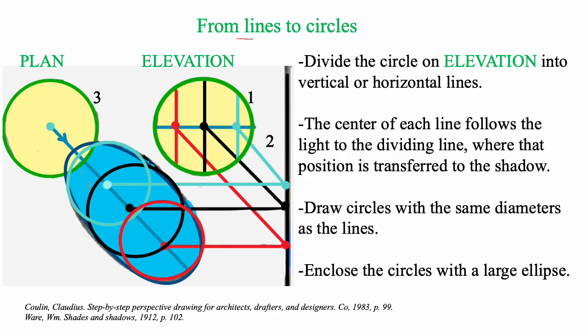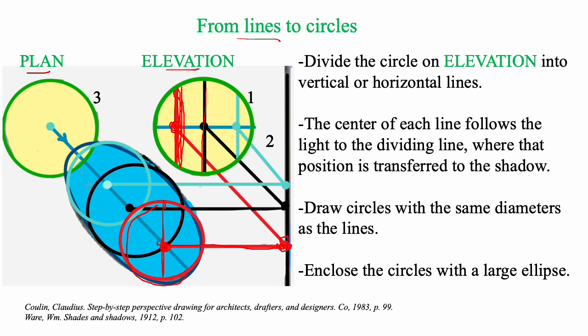This method I call from lines to circles. So we have a sphere in plan and elevation, and in both cases, a sphere will always look like a circle. We divide up the sphere into lines which represent circles that we're seeing head on. Let's take this red dot here. It goes down to this dot down here and then gets transferred over to the shadow that we're trying to find over here. And that will give us the red circle whose diameter is as long as this line.